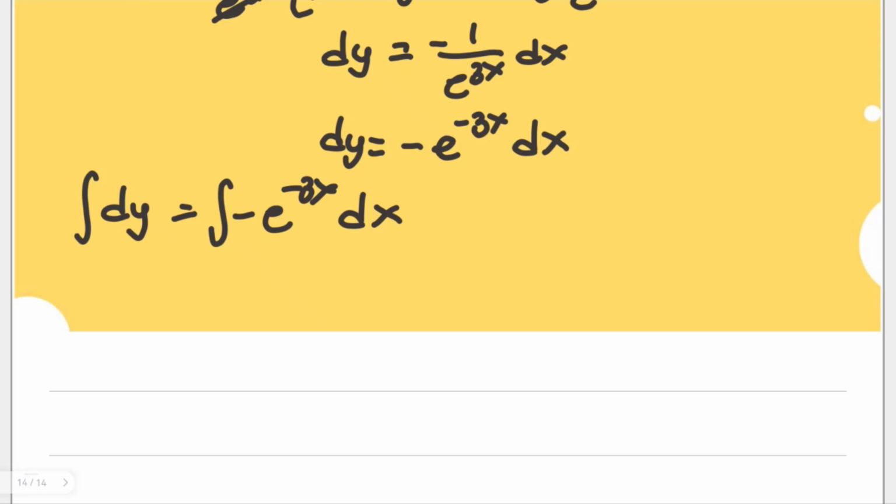Understandably, the integral of dy is simply y. For the other side, we will use a certain constant, because we need here a negative 3 so that we can really integrate this given function. The exponent of our exponentiation is not x, but negative 3x.